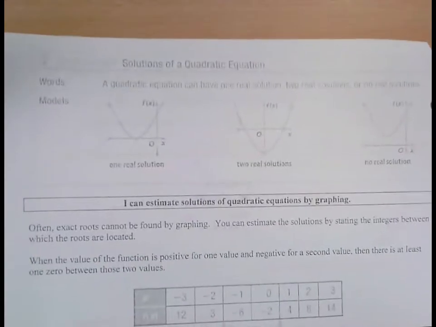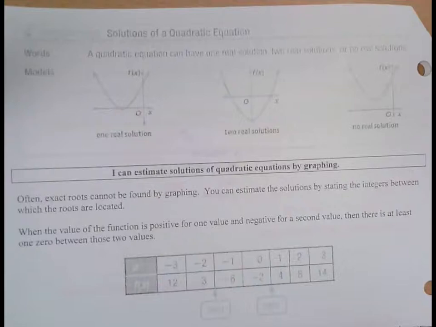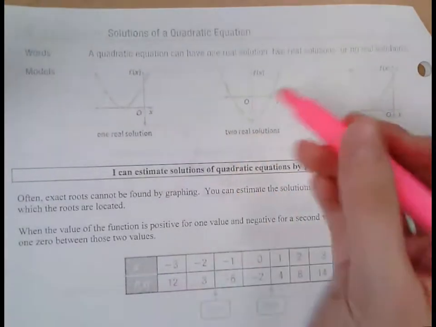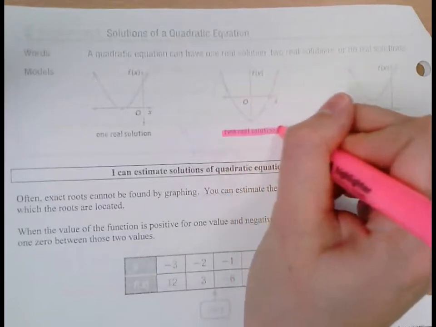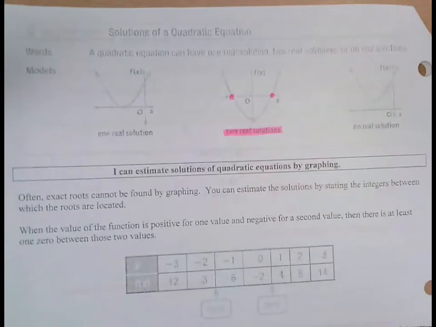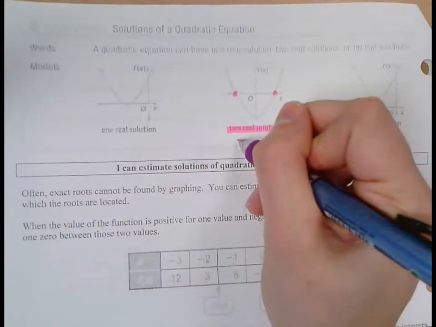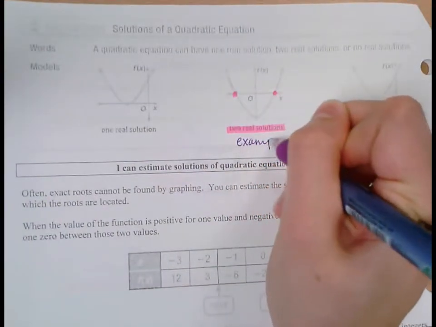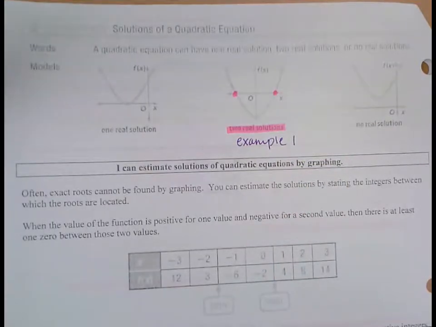Okay, so you have kind of three categories that your solutions could fit into for a quadratic equation. I'm going to look at the middle one here first. You could get two real solutions, and that's when your parabola has two x-intercepts, so that would be like we just saw in example 1. We had two real answers, -1 and +4.